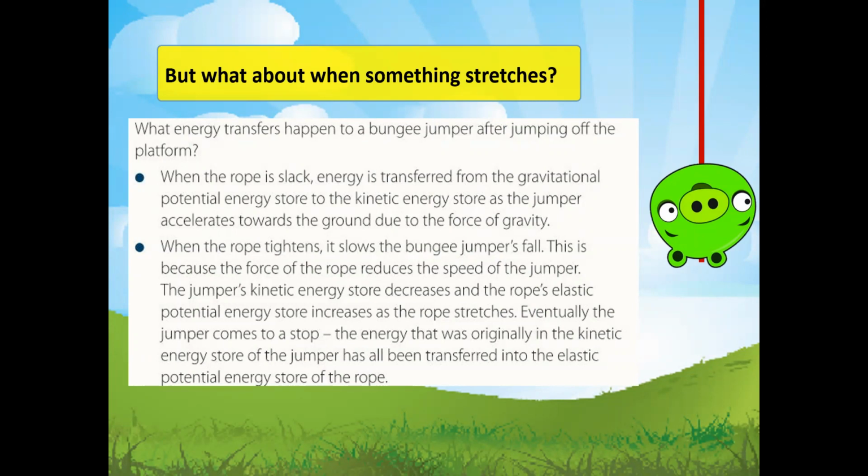When the rope is slack, the energy is transferred from the gravitational potential energy store to the kinetic energy store as the jumper accelerates towards the ground due to the force of gravity. Once the person is moving downwards, there's energy transfer because the rope is stretching.